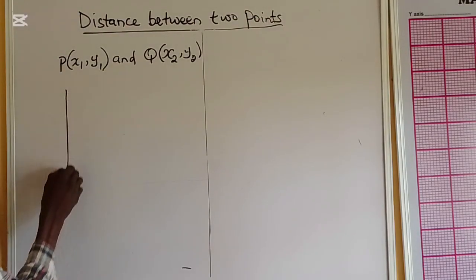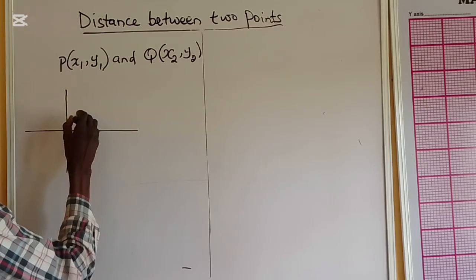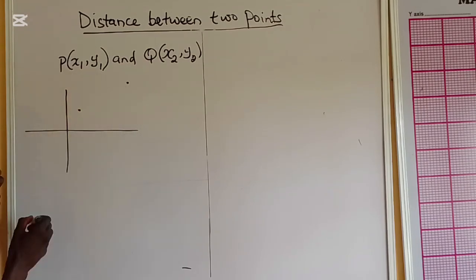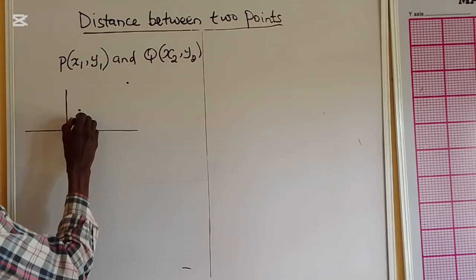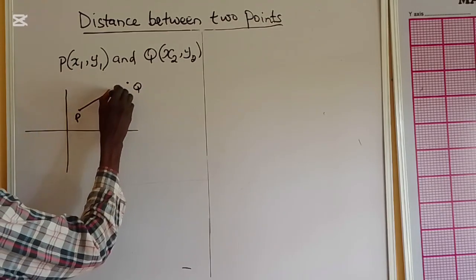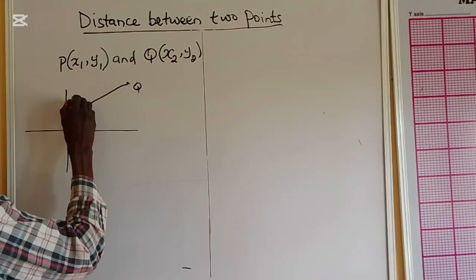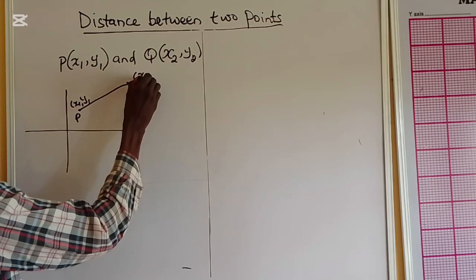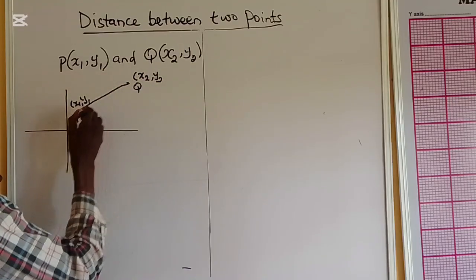Okay, look at it here. Let me call the point here P, and the point here Q. Here is x1, y1, here is x2, y2.